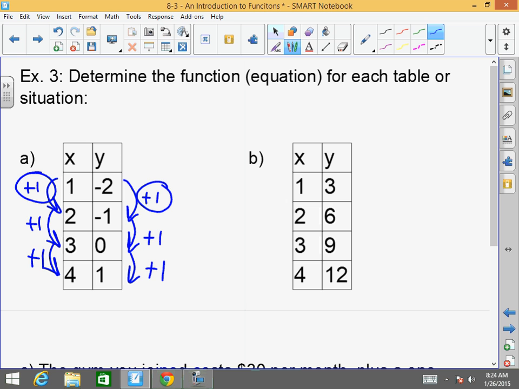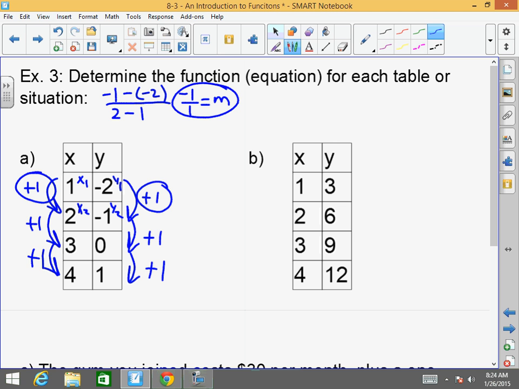So let's say you just didn't see that you had to subtract 3 here. Get your 2 points, x1, y1, x2, y2. First find your slope: y2 minus y1 over x2 minus x1. That's going to be negative 1 over 1, so my slope is negative 1.